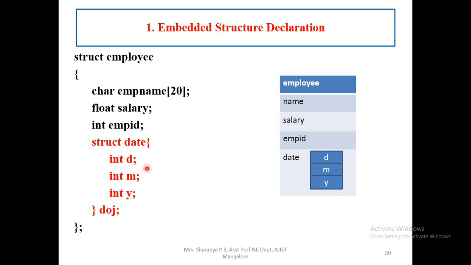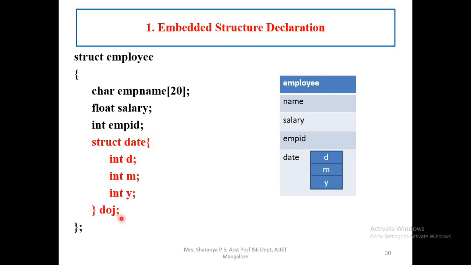So here we have defined integer date, integer month and integer y as structure members of the structure date. And here itself we are creating the variable for the structure date. This is one more way of creating a structure variable.